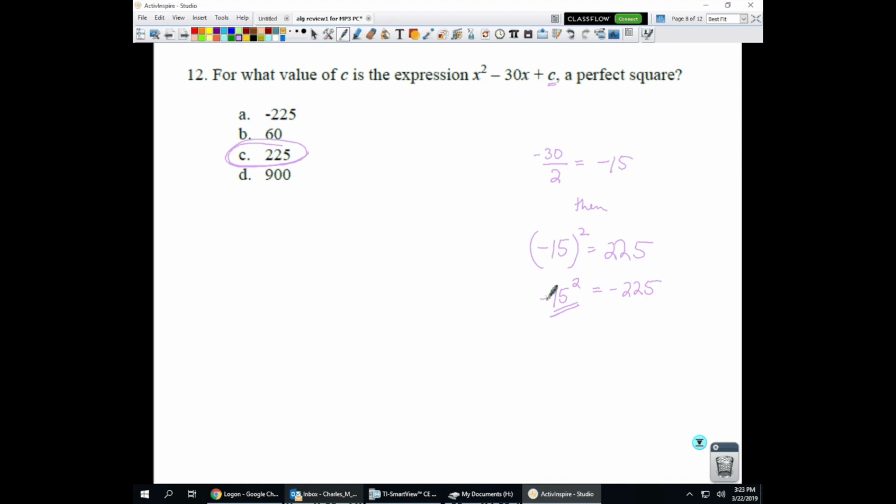No number that you square can ever equal a negative. You cannot square a real number and get a negative answer. So make sure if you are using your calculator to square a negative that you enclose it in parentheses. This will give you a wrong answer every time, and notice that it is there as a distractor.